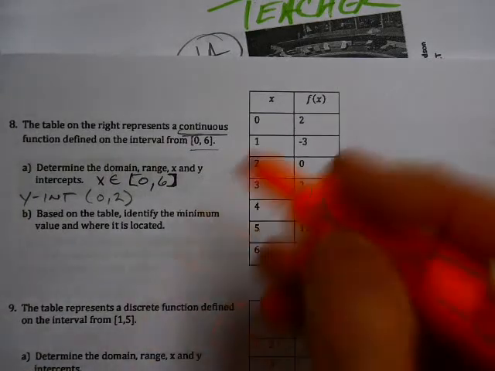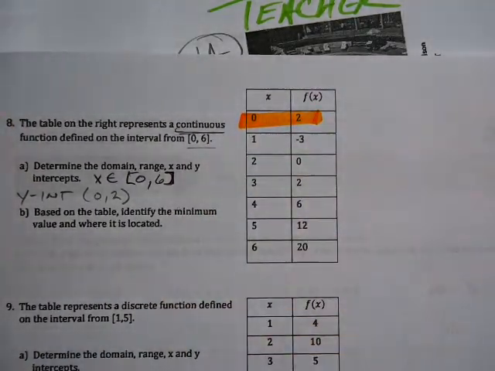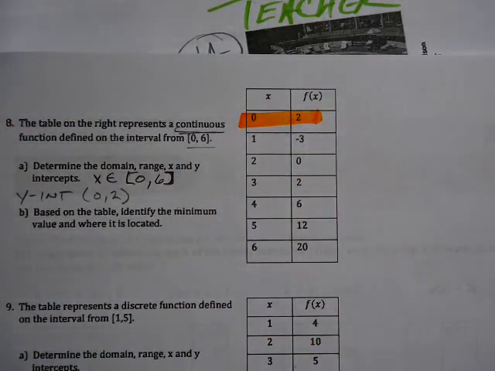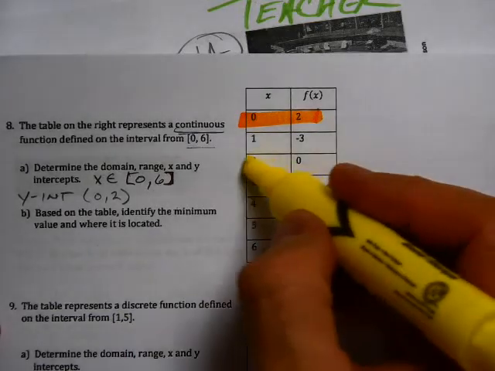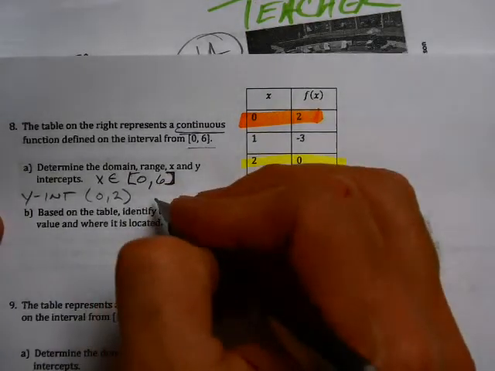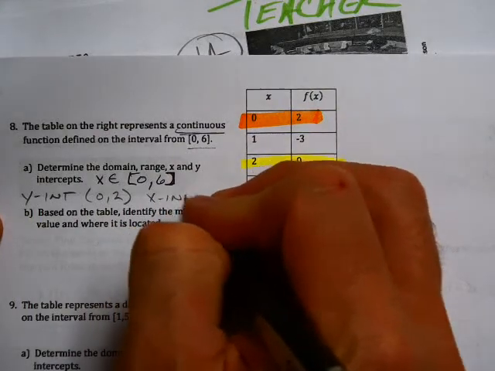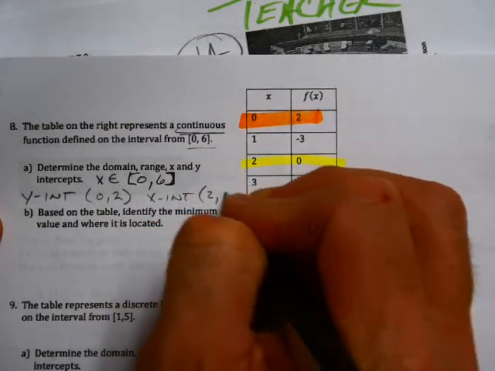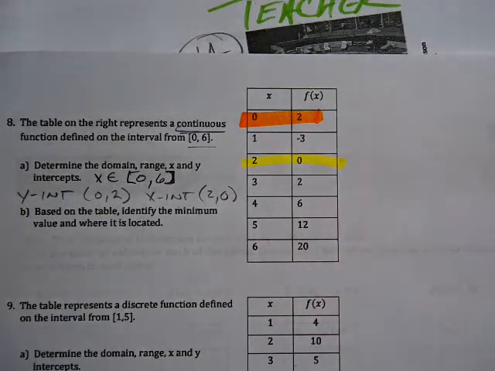So this is the y-intercept. Is the x-intercept in here? Yeah. Which would be? (2, 0). Right. This is your x-intercept. So when you have zeros, that gives you your intercepts.